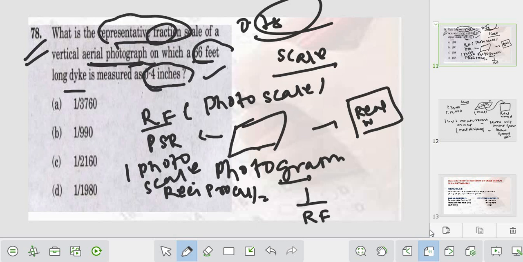Okay, इसलिए मैं पूछा. So photograph and real world. वो क्या पूछा है, suppose a 66 feet long dike है. So suppose there is a dike.